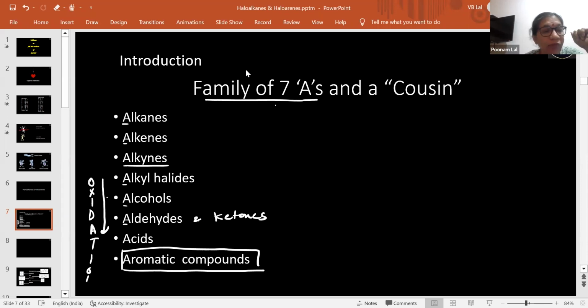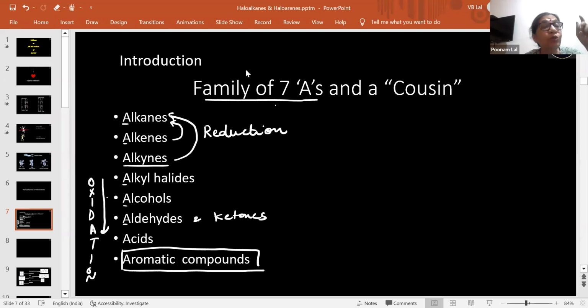And if I go from bottom to top, from acids or aldehydes or alcohols, if I want to prepare alkanes, you have learned the first three, from alkenes when you make alkanes, or from alkynes when you make alkanes, it is always by doing what? By adding hydrogen. So when you go from bottom to top, the methods are always of reduction.